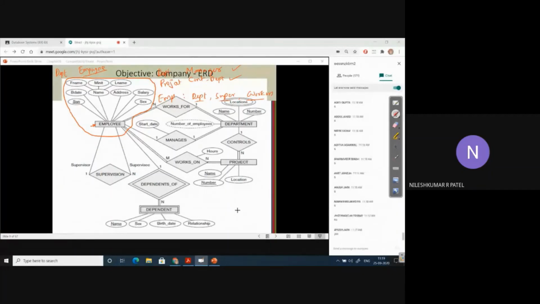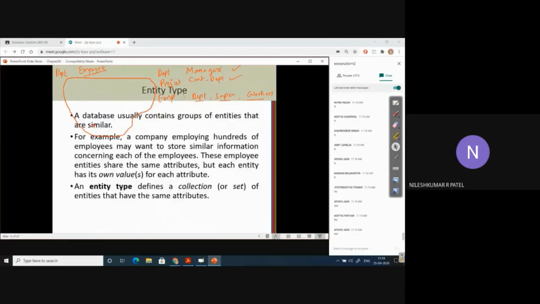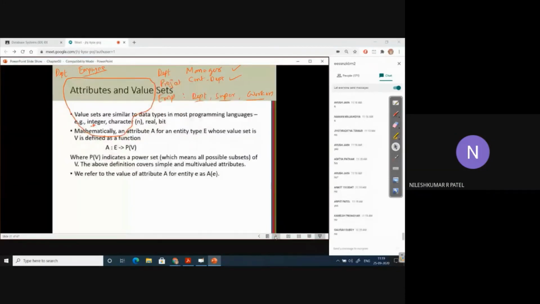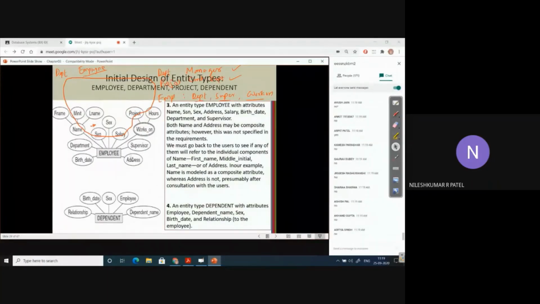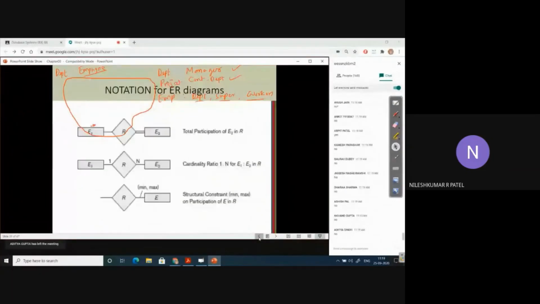Remember, when we illustrated the employee entity type a few days back, we had the department attribute, the works on attribute, and the supervisor attribute. These three are relationship attributes for employee. So just try to find works on, supervisor, and department in this ER diagram.